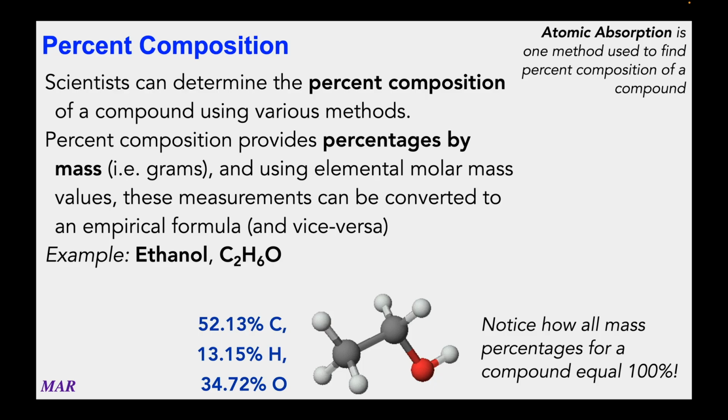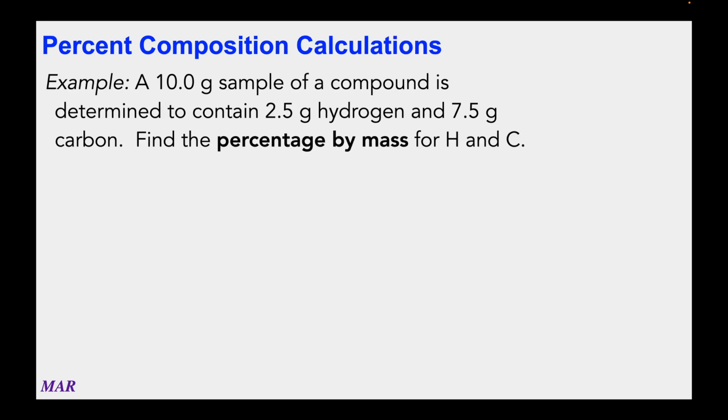So now first, before we talk about how to get to molecular formula, let's see how percent composition can help us, and also how to calculate what the percent composition should be. This is an example where we have 10 grams of some compound, and it's found to be 2.5 grams hydrogen and 7.5 grams of carbon. We can find the percentage by mass of hydrogen and carbon using this information. And it's probably not too hard, and maybe you can figure out how to do this, but if you can't, no big deal.